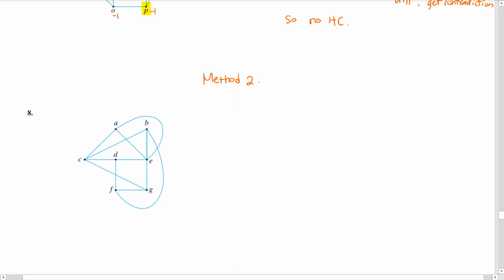Okay, so number of edges. What is that? 1, 2, 3, 4, 5, 6, 7, 8, 9, 10, 11, 12. So we have 12 edges. And what is the number of vertices?